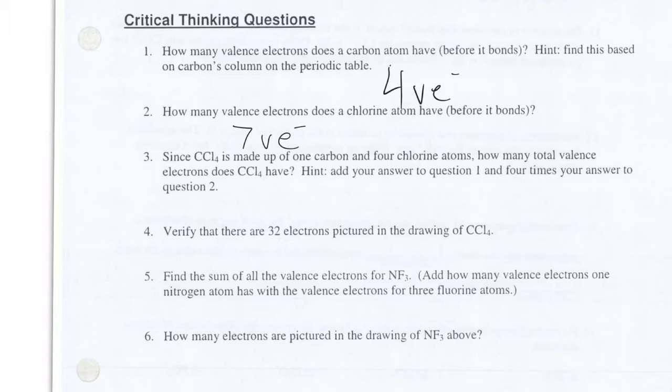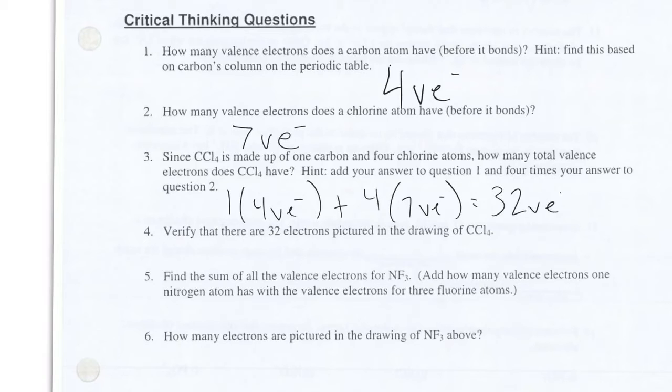Then it says, since it's made up of 1 carbon and 4 chlorine, how many total does it have? Well, we'd have 1 times 4 valence electrons plus 4 times 7 valence electrons. That's 28, and 4 is 32 valence electrons.